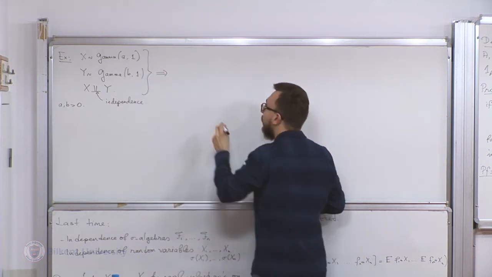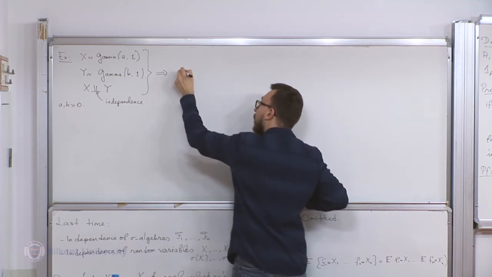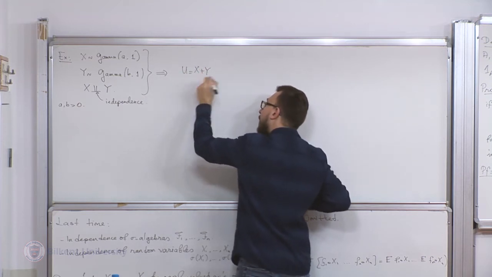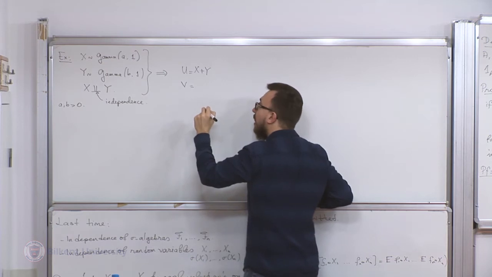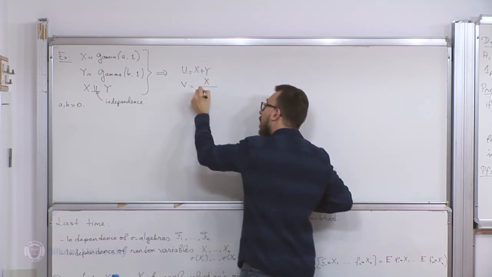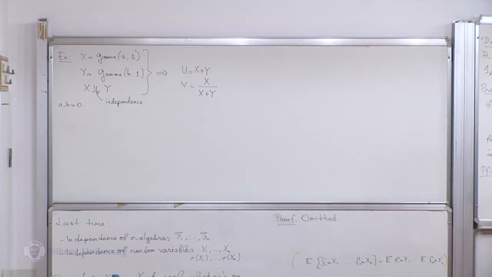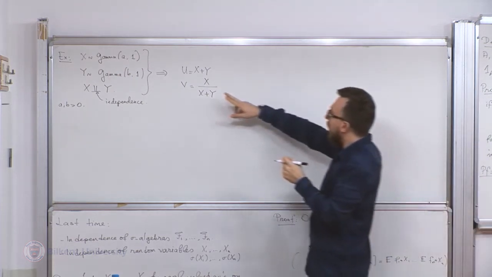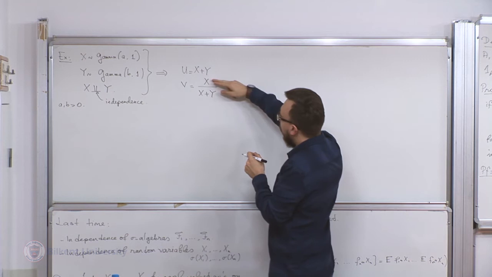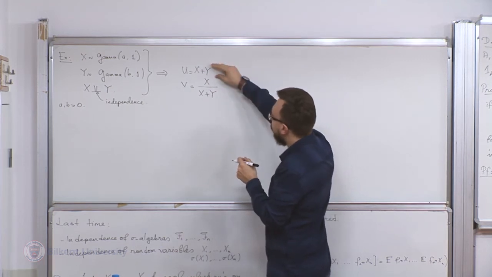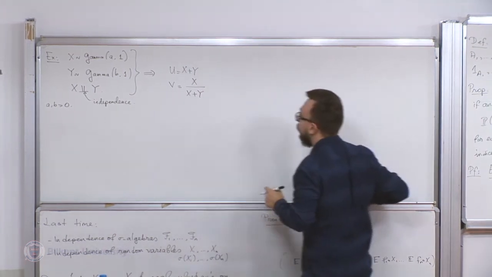And now we define a random vector out of those: U, which is the sum, and V, which is the fraction of X in this mixture. Let's say X and Y are two random quantities, maybe of some chemical material. So you mix them, and this is the ratio of X in the mixture, and this is the total amount of material that you have.